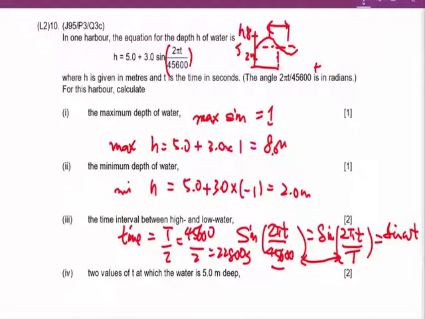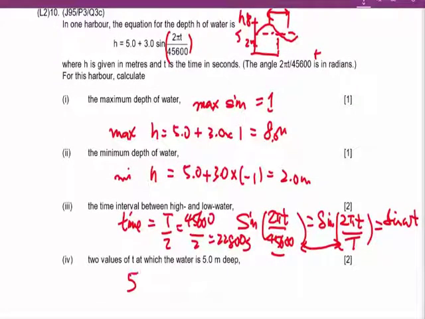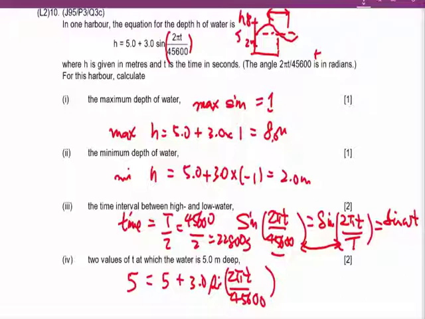What you do is put h equals 5 on the left hand side of the equation: 5 equals 5 plus 3 sine of 2 pi t divided by 45600. Then 5 and 5 cancel away, so it becomes 0 equals 3 sine of 2 pi t over 45600.